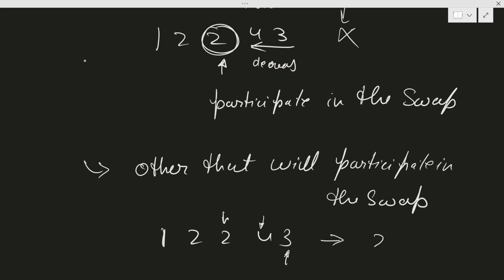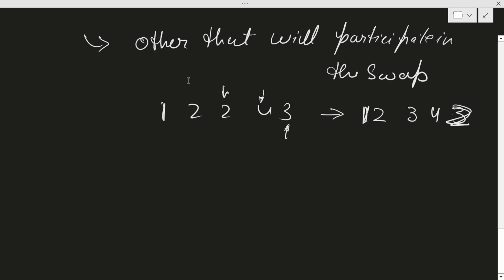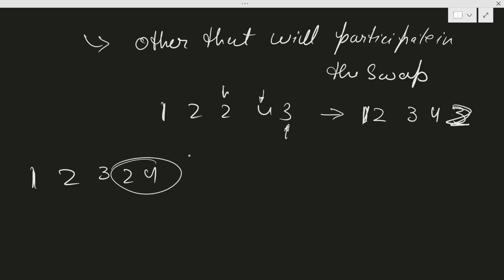So when we do this and swap it, we still didn't reach our target. What is our target? This. Something is still missing. What is it?